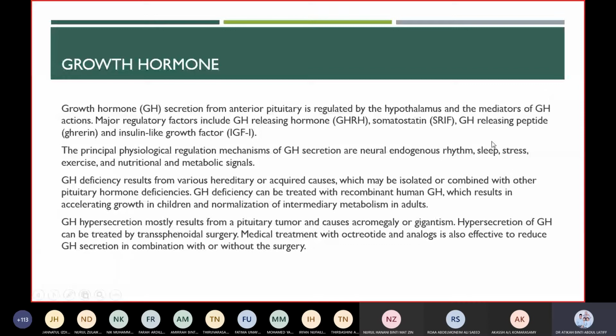So all this is important for growth. Okay, so like your sleep, less stress, more exercise, good nutrition, they all have an impact on bone growth. Okay, so the deficiency of this hormone or too much of this hormone can cause problems.